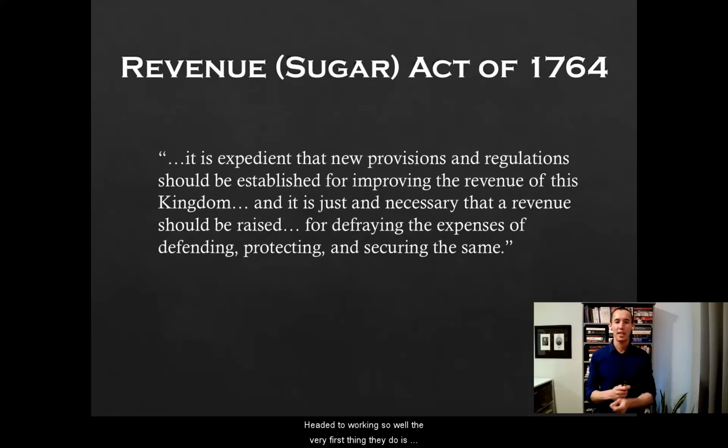The very first thing they do is called the Revenue or Sugar Act. Now, I told you the colonists always taxed themselves, but the British could pass tariffs and duties.